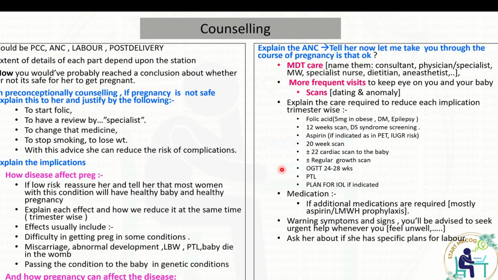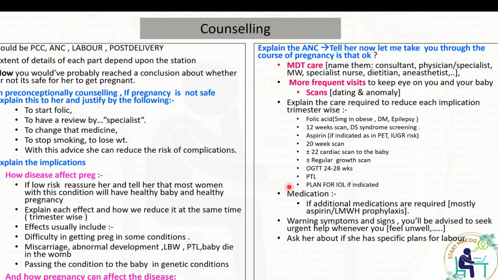For example, if the patient is on a medication which can lead to diabetes, if she's obese, or if she has a strong family history of diabetes, then tell her about the risk of having the baby early.